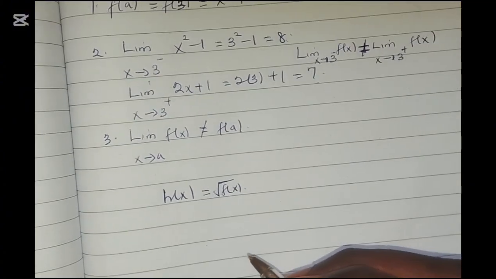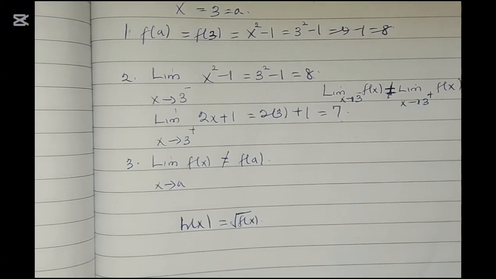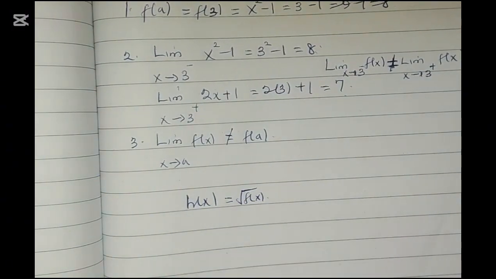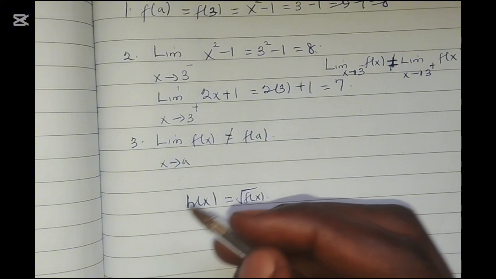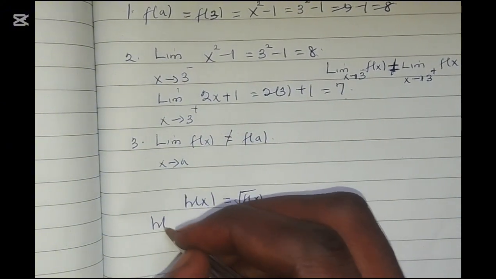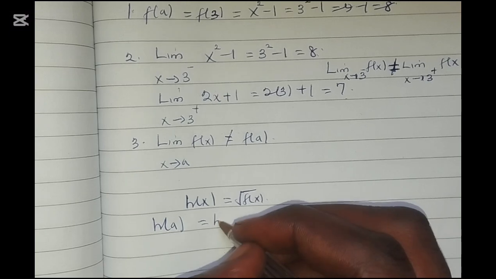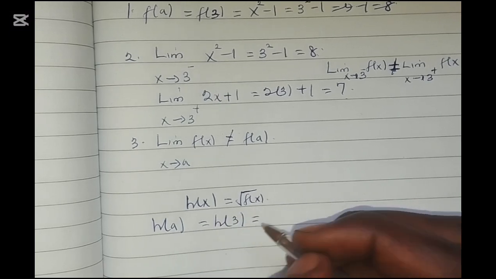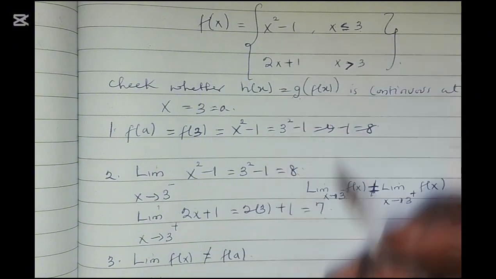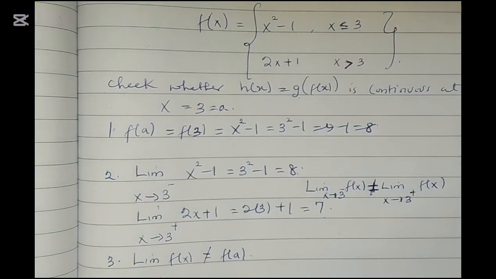So now let us first of all check this function at x equals 3. We are finding this function, that is not f of a now, we are finding h of a now in this case. So h of a will be equal to h of 3.